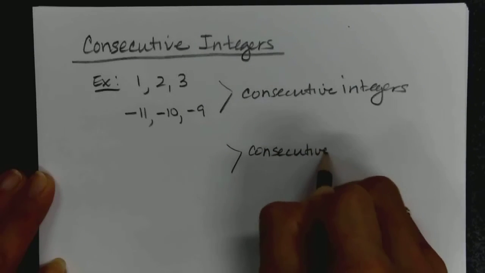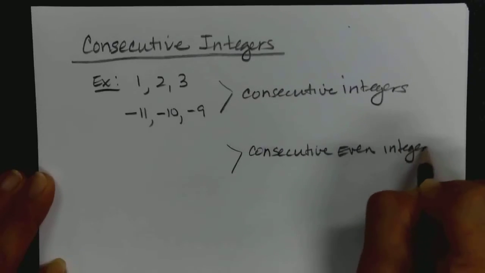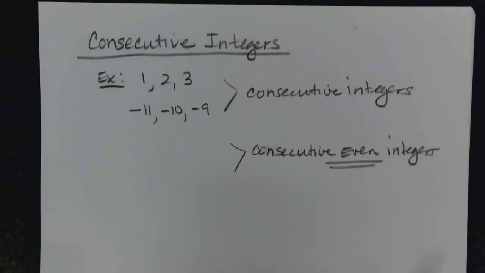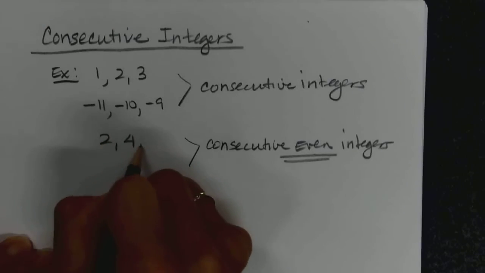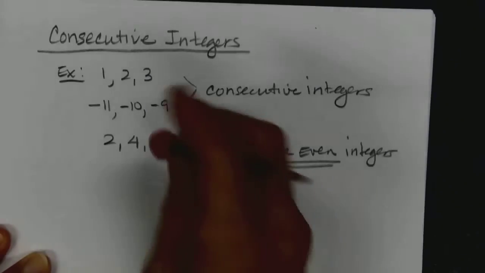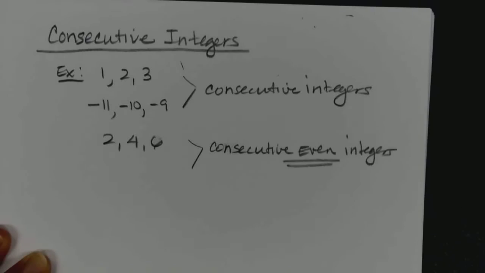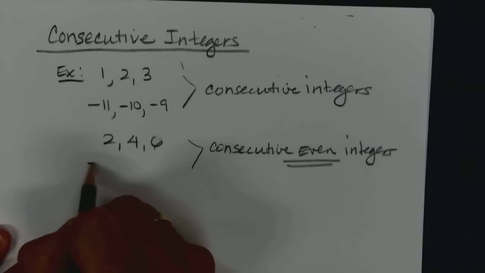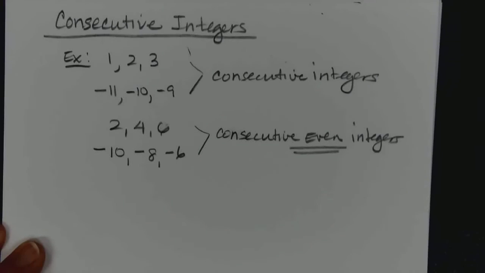Consecutive even integers. So David says it is 2, 4, 8. Those are consecutive integers. Oh, 2, 4, 6. Thank you. Or negative 10, negative 8, negative 6. Those are consecutive even integers.